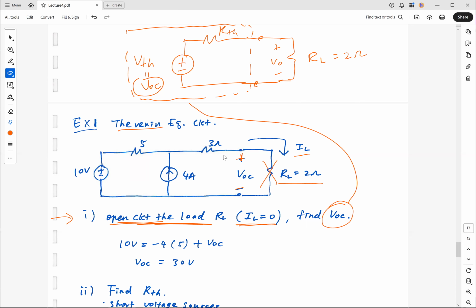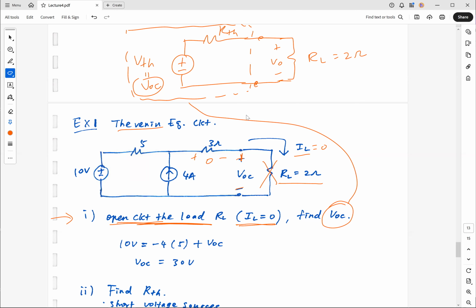You guys see this, right? So IL is equal to 0. No voltage drop across the 3 ohm. If there is no voltage drop across this 3 ohm resistor, then I can move this VOC.